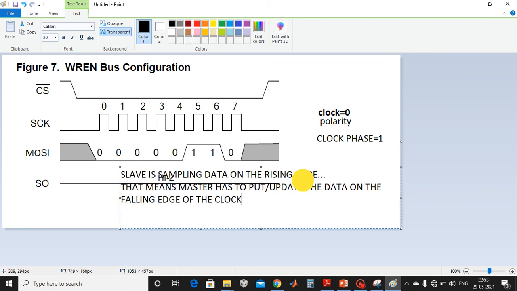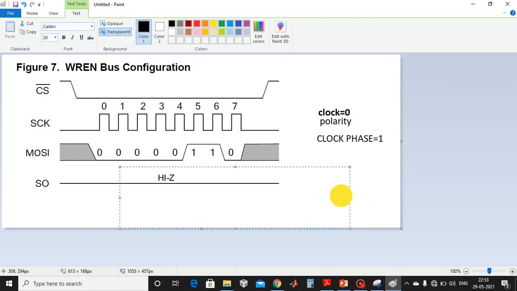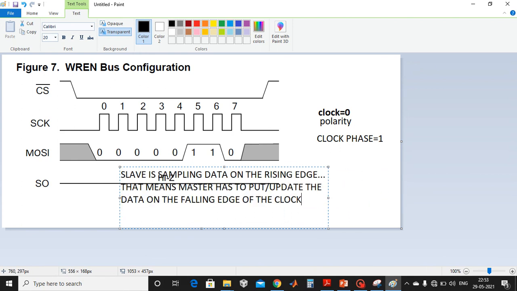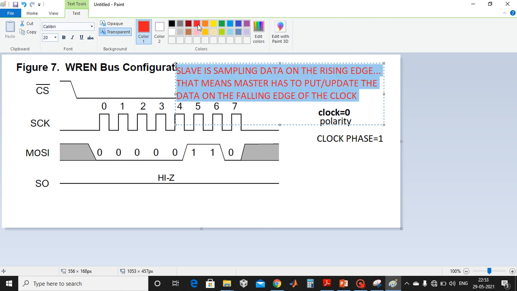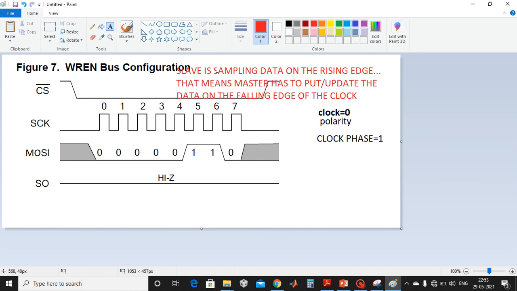So now we will verify this sentence with our timing diagram. Slave is sampling data on the rising edge. This information was given in the datasheet of the slave device. Now we have to configure our master. So the master has to put or update the data. That means this data must be on the falling edge.